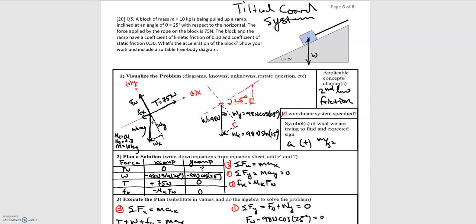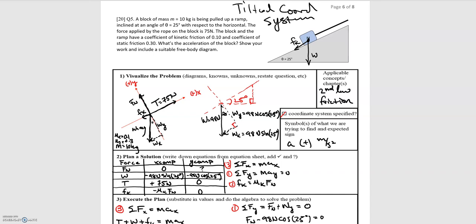We're going up the incline, so what kind of friction do we have, kinetic or static? We have a block that's sliding along an incline. Sliding is a key word for kinetic, because when you slide, your object is moving relative to the surface, and that is kinetic friction and not static.